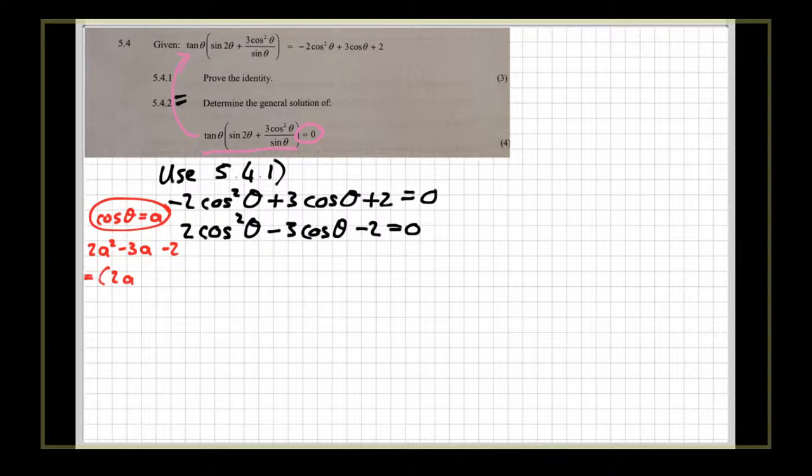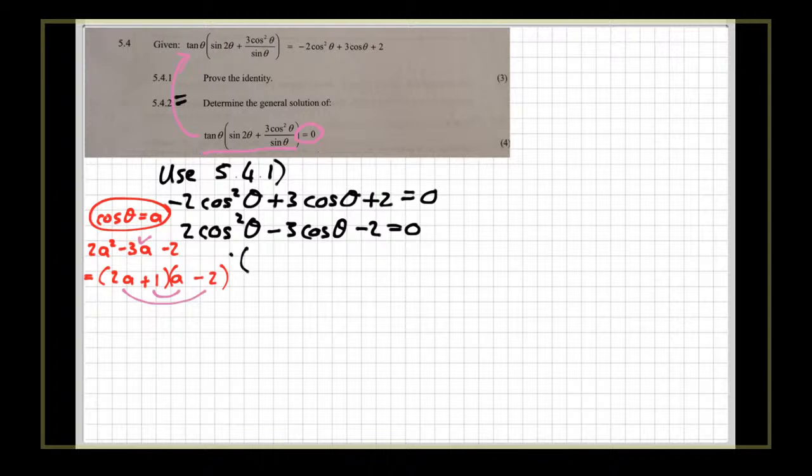If I factorize this correctly, I've got 2a and a. I've got negative 2 and plus 1. Let me write that a bit bigger. Let's just check it. 2 times negative 2 is negative 4. Plus 1 is negative 3. Yes, it works out. Now I'm going to go back to my equation.